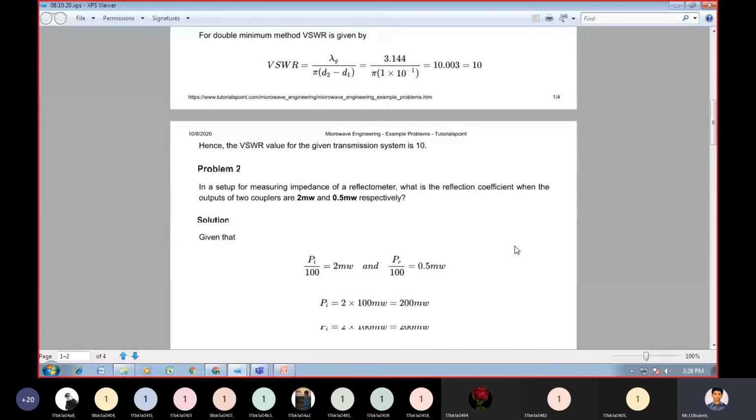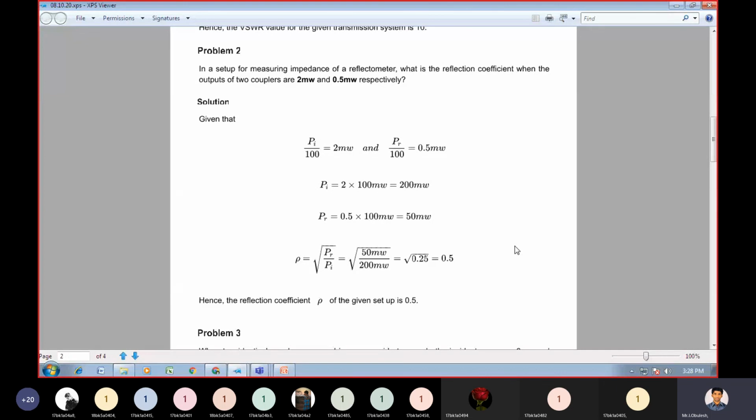Okay. Then the problem number 2. In a setup for measuring impedance using a reflectometer, what is the reflection coefficient when the outputs of two couplers are 2 milliwatts and 0.5 milliwatts respectively?